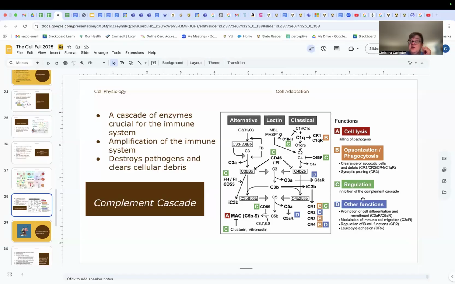And regulation inhibits the complement cascade, so it stops all of that breaking down. Other functions: promotion of cell differentiation, multiplication and recruitment, modulation of immune cell migration, regulation of the beta cell functions, and leukocyte adhesions.